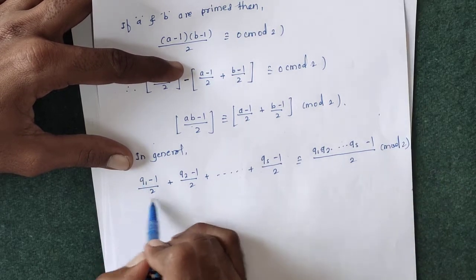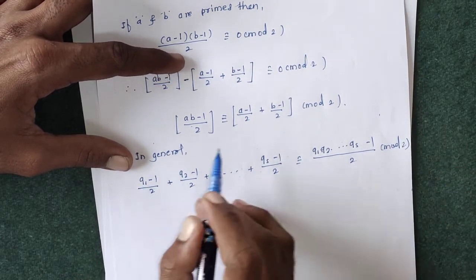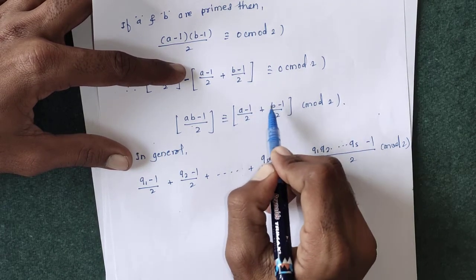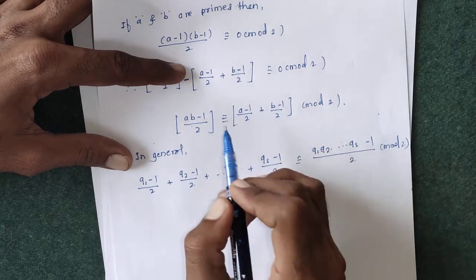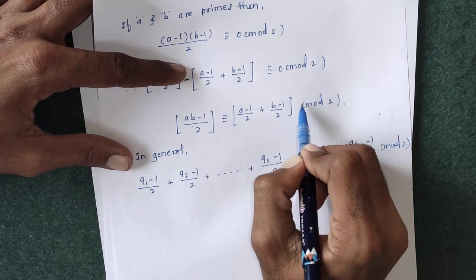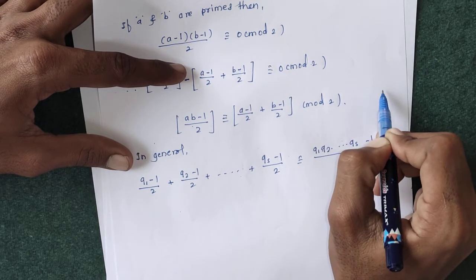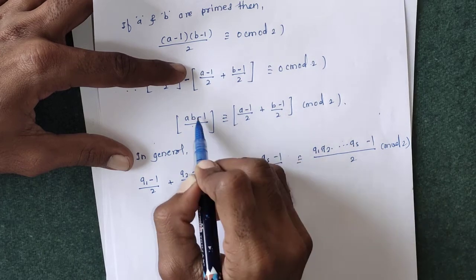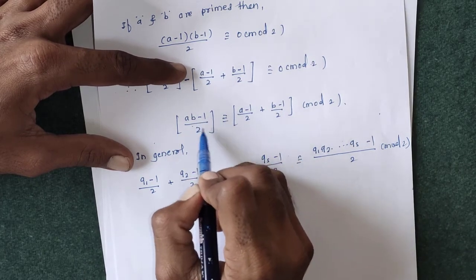We can write this by using this result here. Instead of A and B, if you use A1, A2, then generalizing this result, (A1−1)/2 + (A2−1)/2 + (A3−1)/2 + ... + (An−1)/2 is congruent to (A1·A2·A3···An − 1)/2.